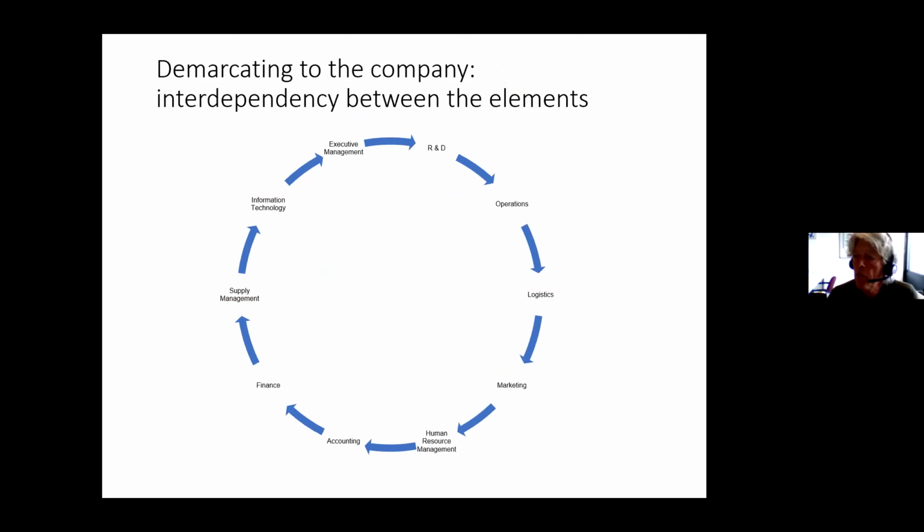When a new technology is introduced, the different elements, like information technology, supply management, finance, human resources, so the knowledge, the operations, the logistics, they all should adapt in a certain manner to that new technology, to make it effective within the environment of that company, and to be able to reach out to the consumers, to the market.